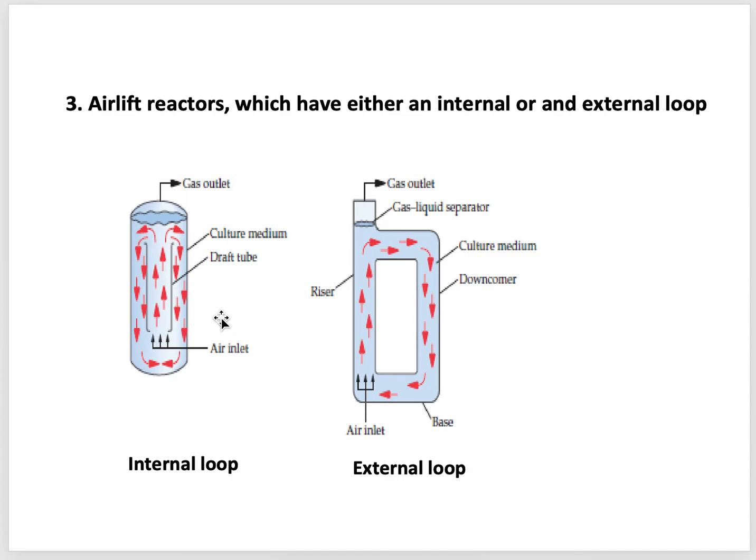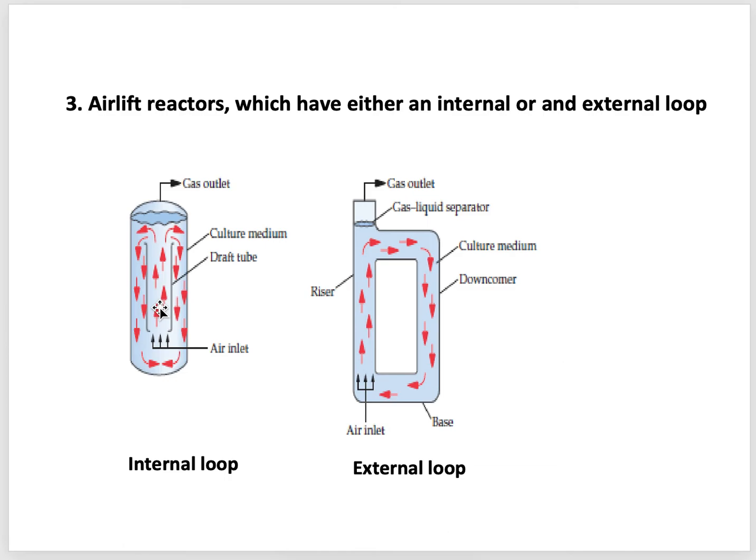Achieving the mixing is one of our goals, and another goal is that the cells inside the bioreactor require oxygen, right? From where do they get this oxygen? From the air that we are injecting. After we inject the air, it forms bubbles, which means inside the bubbles there is oxygen. This oxygen needs to be transferred from the bubble to the liquid medium, because the liquid medium contains the cells.